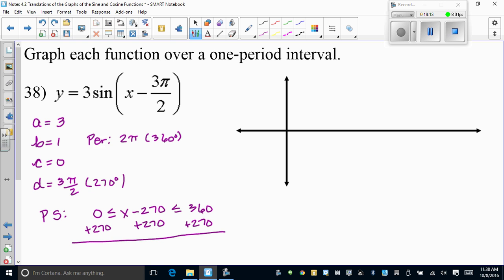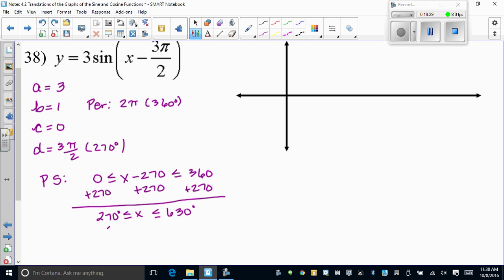And we have 270 degrees is less than or equal to x, which is less than or equal to 630 degrees. And if I throw those into radian values, we're going from 3 pi over 2 to 7 pi over 2.